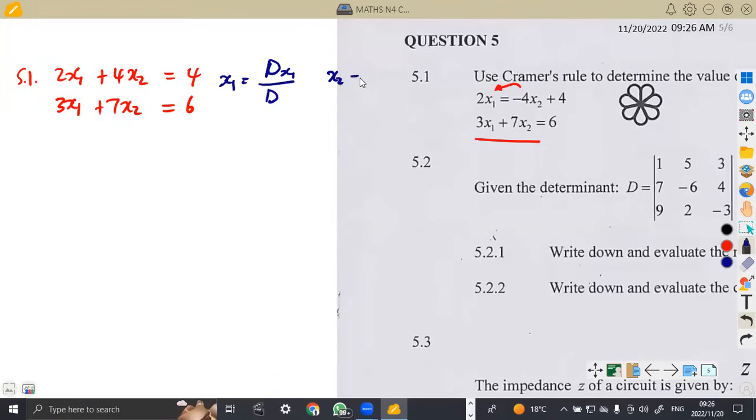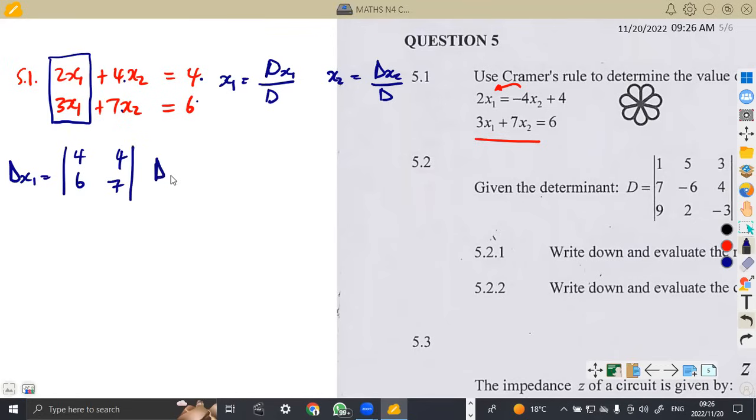To find x2, we find the determinant with respect to x2 over the determinant of constants, because we want to calculate both. Okay, so let's start with the determinant with respect to x1. We have to remove the x1 column and substitute with the constants, which are 4, 6. So it is going to be 4, 6, then 4 and 7 remain as they are.